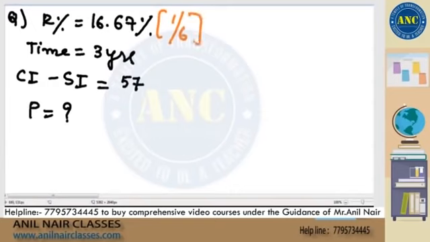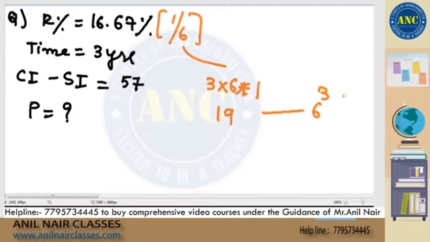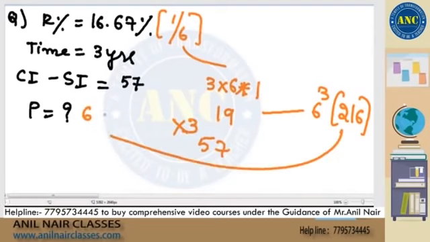So what will be the difference? 3 into 6 plus 1, which is nothing but 19. 19 is for 6 cube, 216. By the time you say the answer, your classmates will still be solving, right? 216 into 3, 648. Over, answer, right?